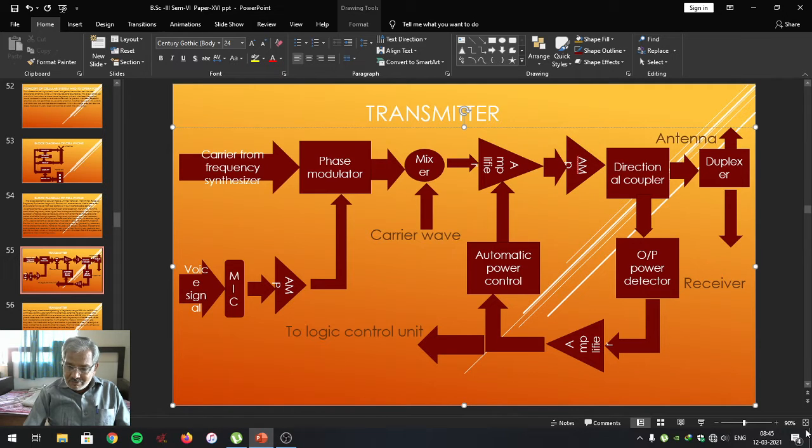So that forms the typical block diagram of the cell phone.